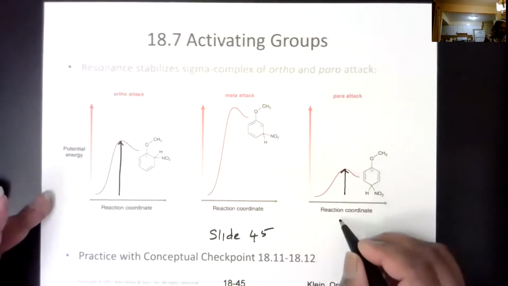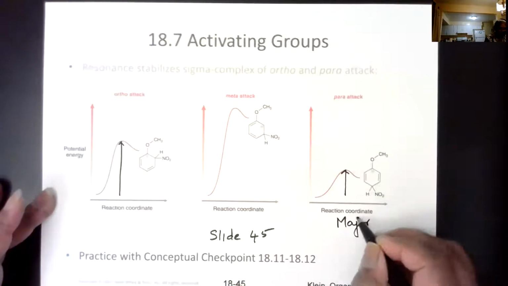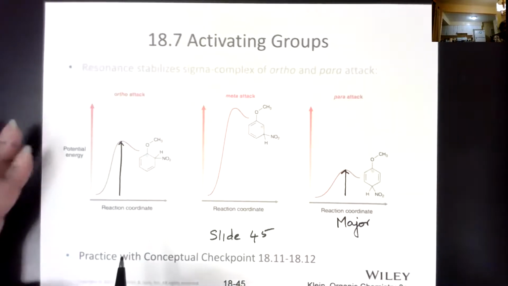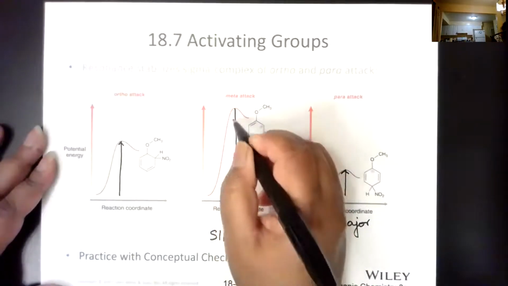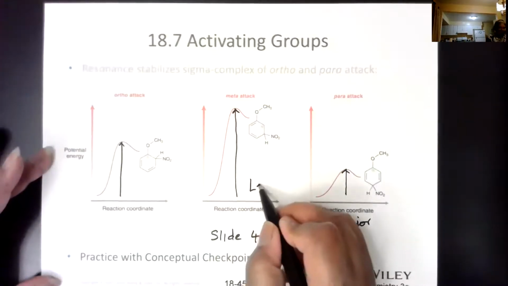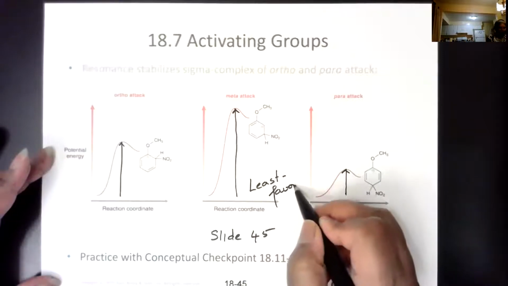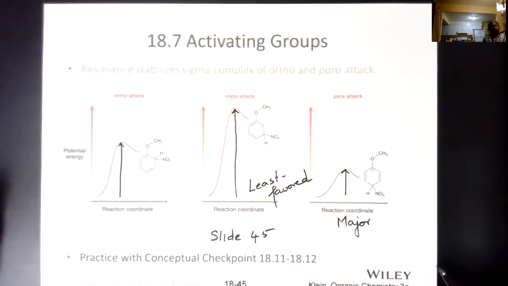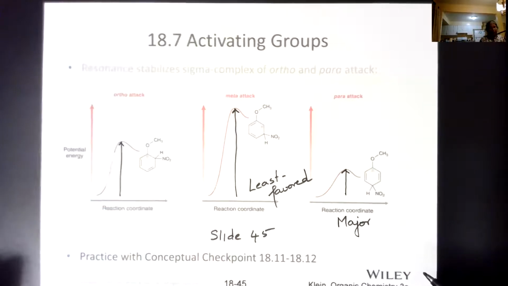So para is the major product. And this is formed in very small quantities, okay? So this is the least favored. Still, you'll get a lot more of the ortho than the meta.